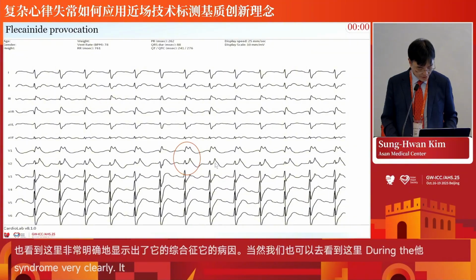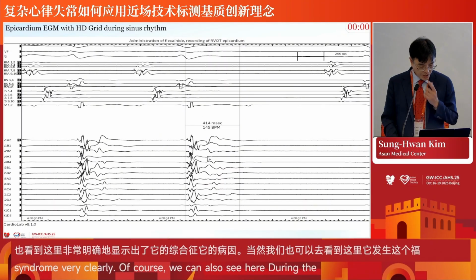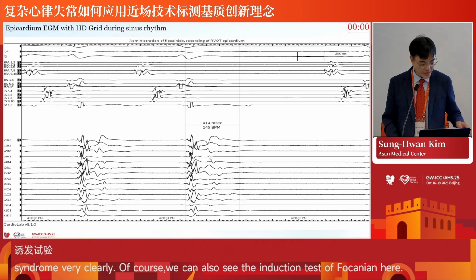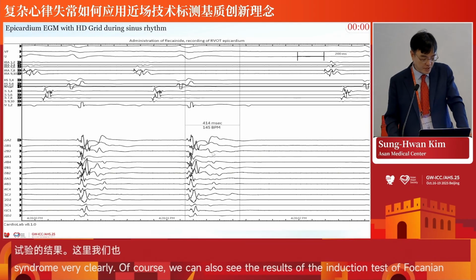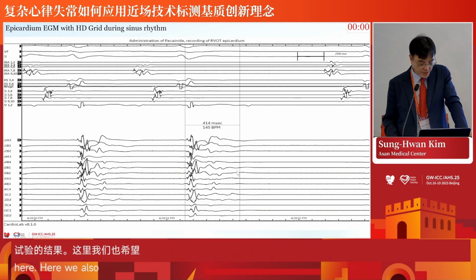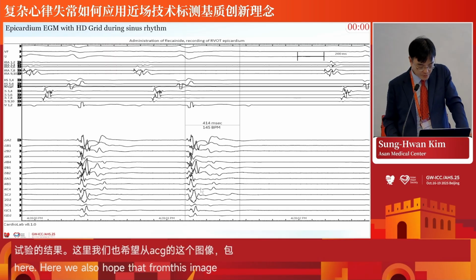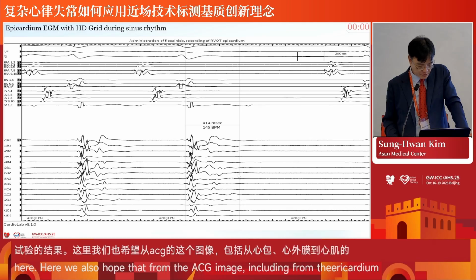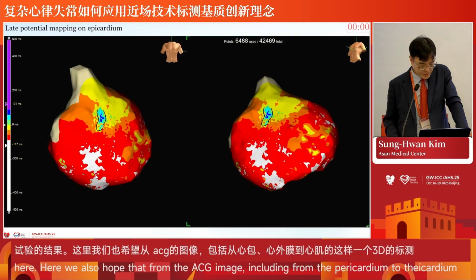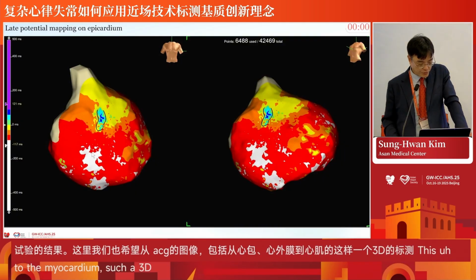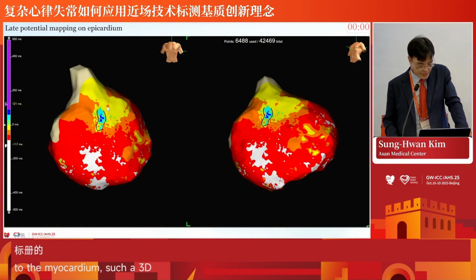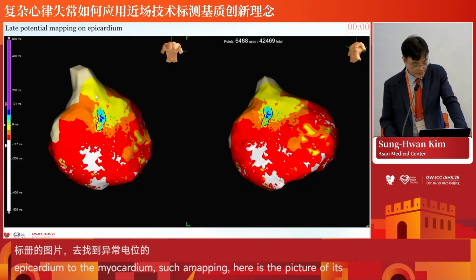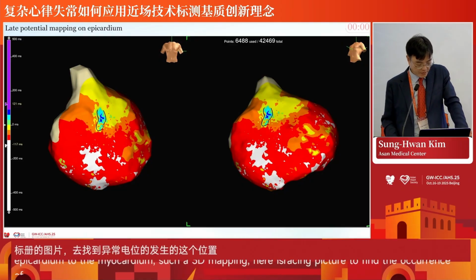Just after the provocation, I tried to map. I inserted the catheter into the epicardium to detect such a delayed potential with a high-density grid catheter. This is a map to find delayed potentials on the epicardium, especially around the right anterior part of the outflow tract.